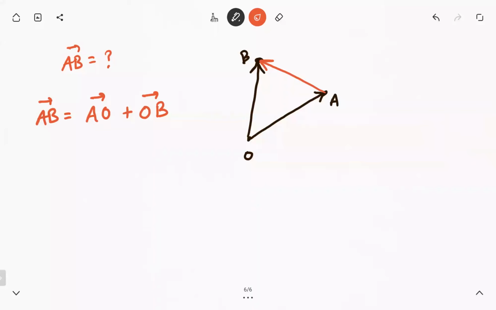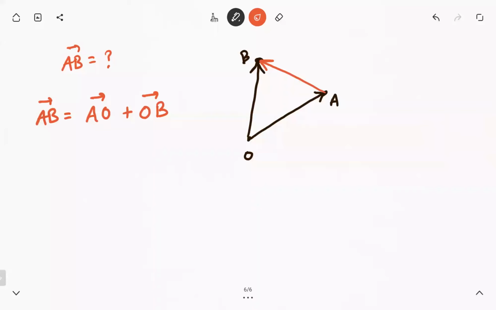मैंने आपको कहा था कि वेक्टर AB फाइंड करने लगे हैं and the position vectors of A and B are given and I want to make a formula for vector AB in terms of position vectors of A and B. In terms of position vectors of A and B, how to make that?